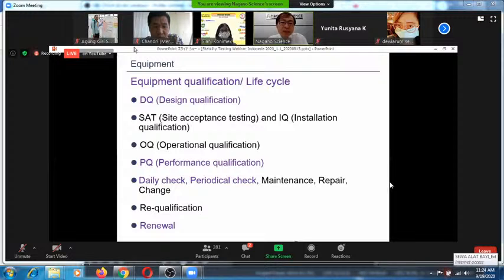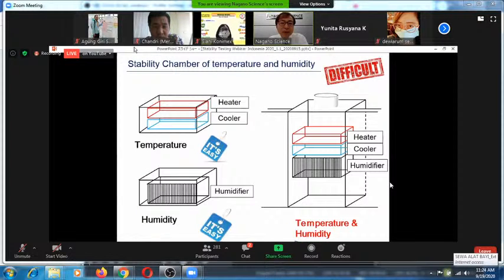Controlling the heat itself or the humidity itself is not so difficult, but you have to control temperature and humidity at the same time, which is somewhat difficult.